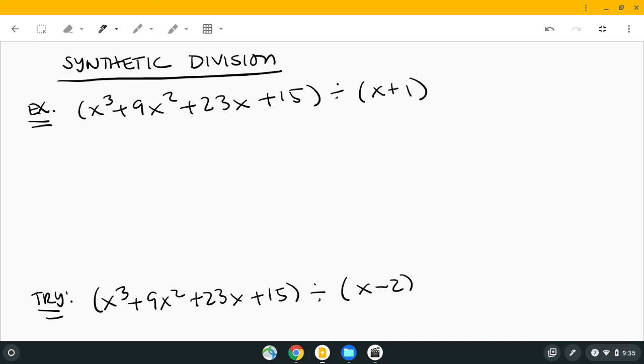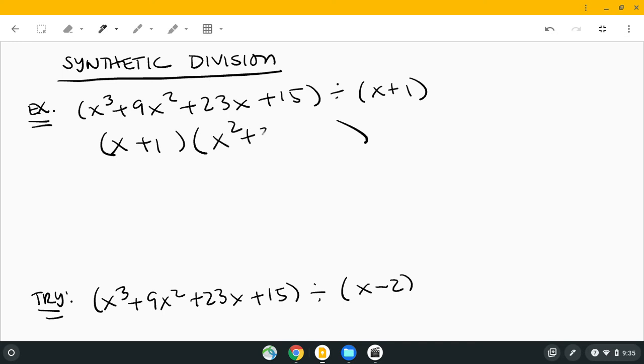Okay, so what we're going to do is divide this polynomial by x plus 1, and check to see if x plus 1 is a factor, because if it is, then we'll be able to factor this as x plus 1 times some degree 2, right?